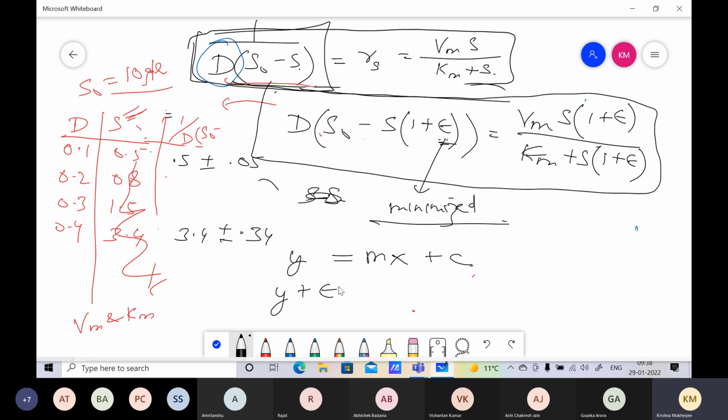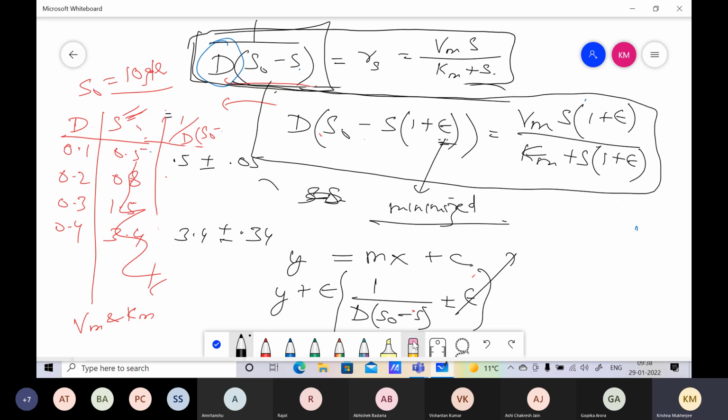That is what you are essentially writing. But the error is not 1 upon D(S0 minus S) plus or minus e. It is actually this error. So you are minimizing this error, not the error you should have minimized. That is the problem.